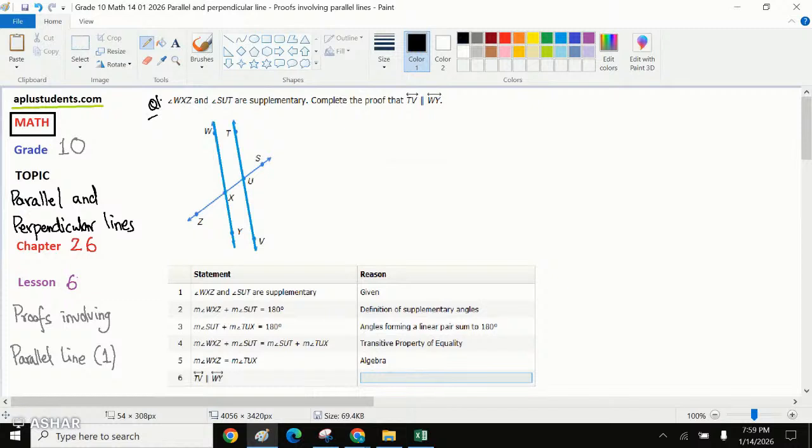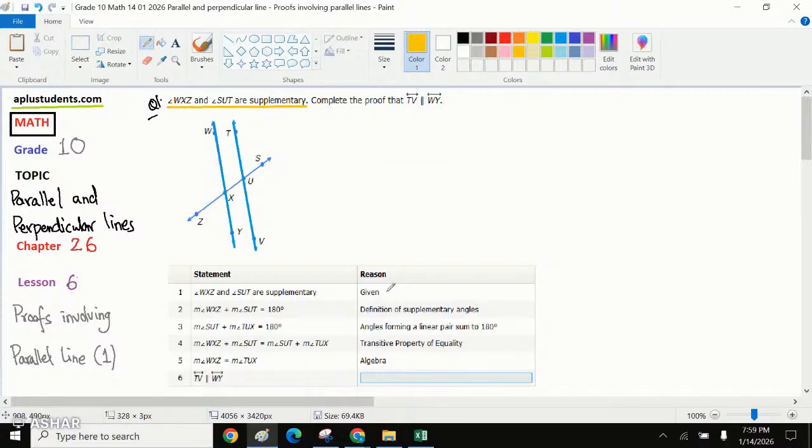So we are given these 6 statements and we need to see whether they are true or not. The first statement is already the given information: they're supplementary angles.